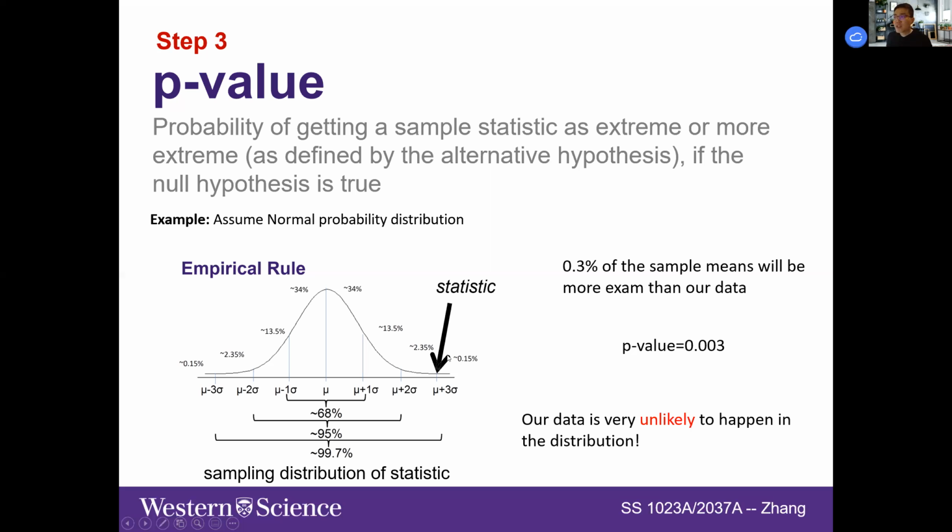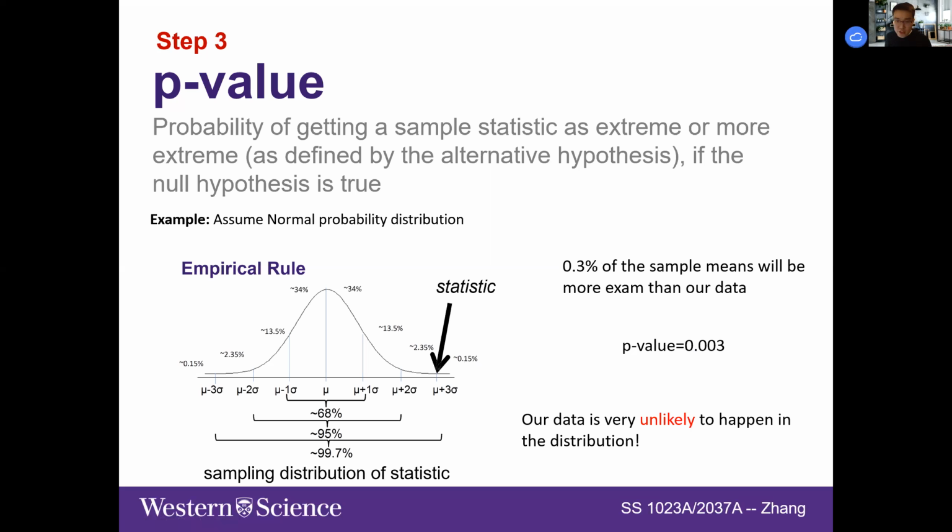Because our statistic is located at 3 sigma, this side has around 0.15% of the data more extreme than us, and this side also has 0.15%. In total, around 0.3% of the sample would be more extreme than our data. So our p-value is 0.003.